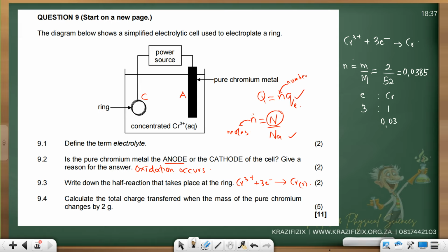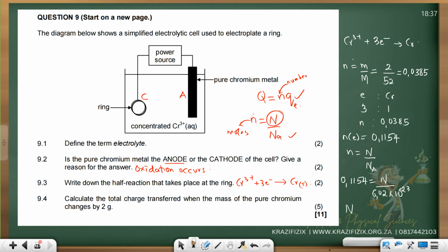But I know electrons to Cr3+ is 3 to 1. So 0.0385 times 3. What is the number of moles of electrons? 0.1154. Now, the number of electrons is that over Avogadro's constant, or rather multiplied by it: 0.1154 times 6.02 times 10 to the power 23.